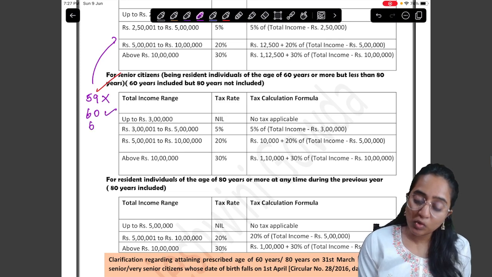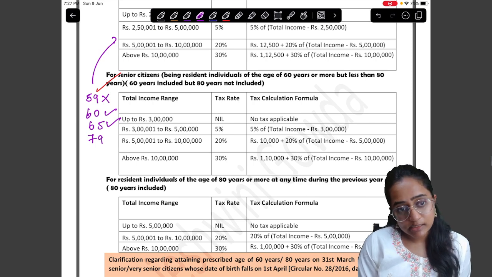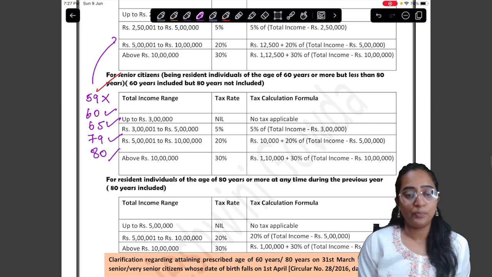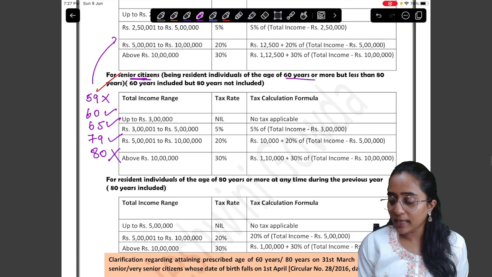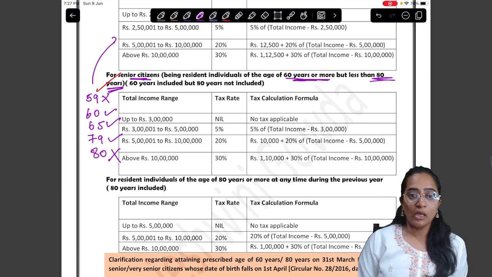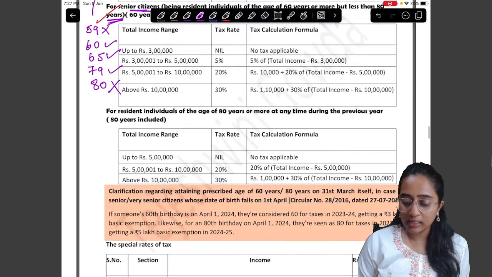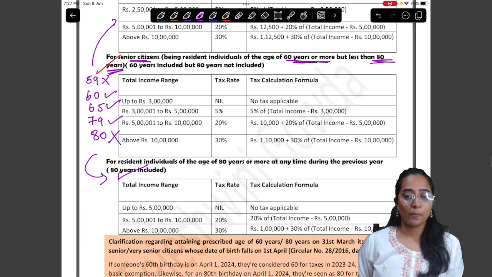Yes. 65 included? Yes. 79 included? Yes. Is 80 included? No. Because I've written over here, it is very clear. This is for senior citizens between the age of 60 or more, but less than 80. It means 80 is not included here. 80 is included in the next table.